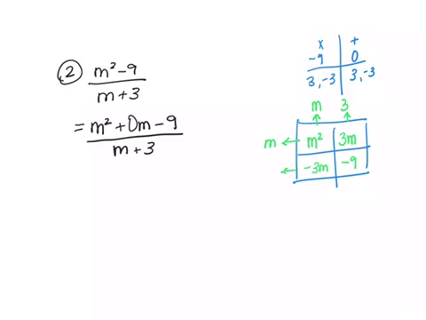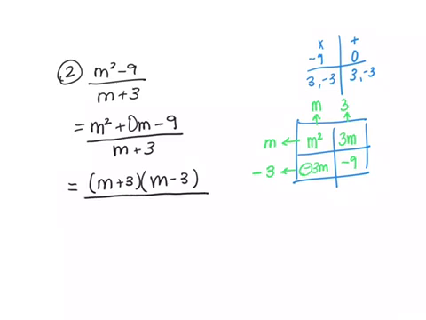And as I go here, -3m and -9 would share a common factor of 3. But again, because of this, that's going to become a -3. So as I go back over to my original problem and I put the numerator now in factored form, across the top I had an m and a +3, so that becomes m plus 3. And then down the side I had an m and a -3, so that becomes m minus 3.